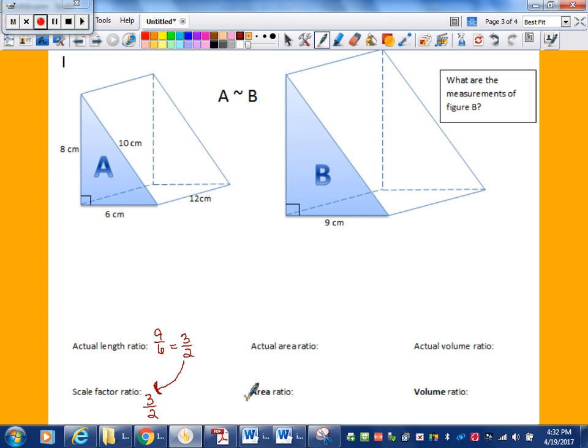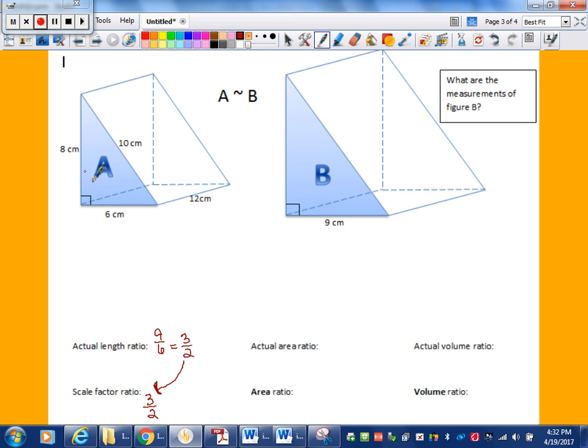Now what does this tell me? This tells me that I had to take and multiply the side 6 on triangle A by that amount to get the corresponding side on B of 9. So now I can solve for all the missing sides.